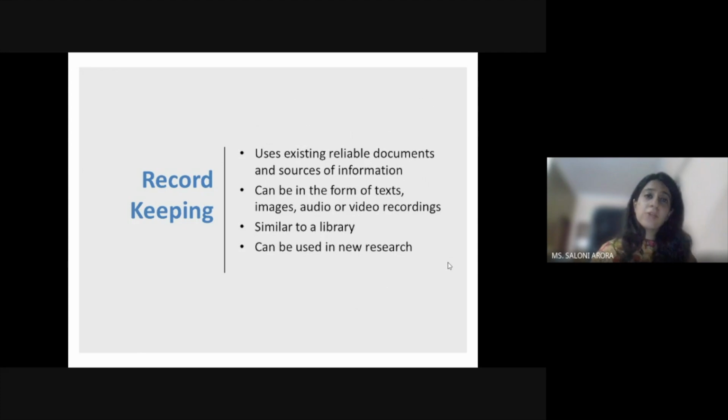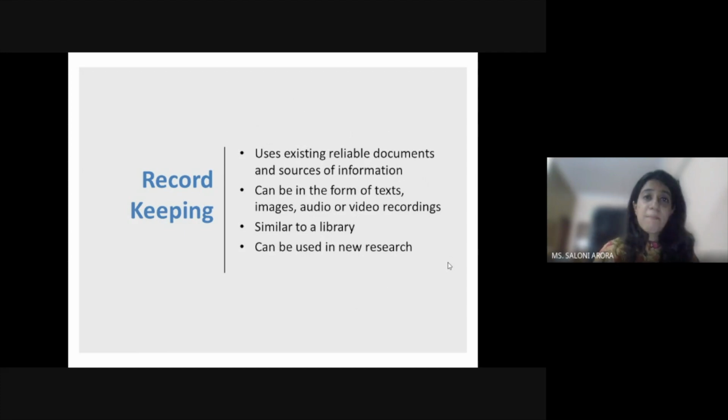So, what are you actually doing with the record keeping method? In the record keeping method, you are using the existing reliable documents. It's very similar to the concept of literature review. When we see literature review, we study the existing literature that has been done by the researchers in the past, and based on those, we try to find out the gaps and then base our new study.